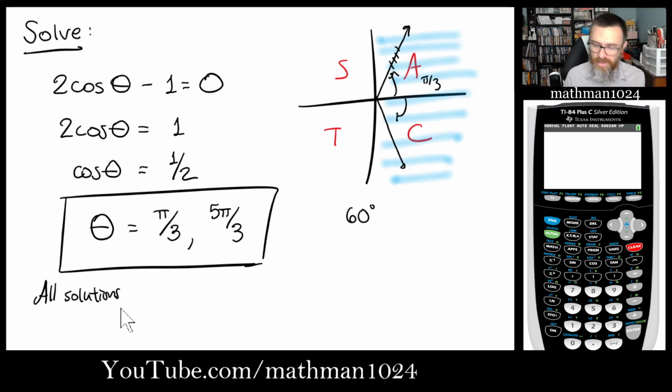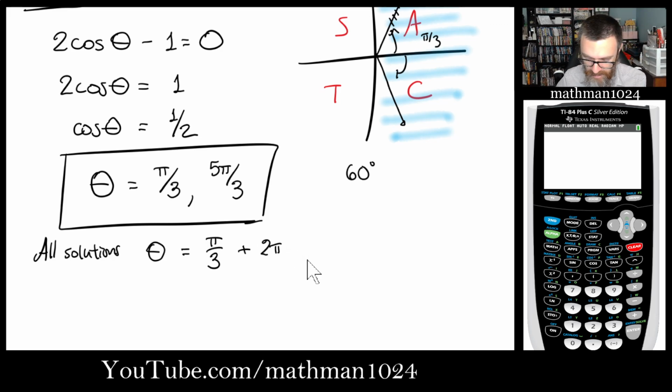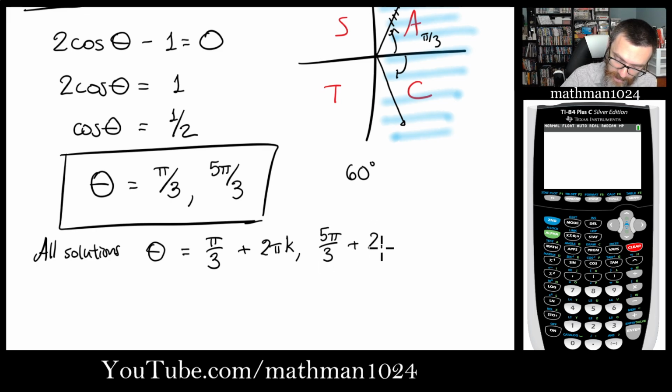So for all solutions, we can be a little bit lazy and say this is going to be pi over 3. Because the period for cosine is 2 pi, we can say plus 2 pi k, and then we have 5 pi over 3 plus 2 pi k, where k is an element of the set of integers.